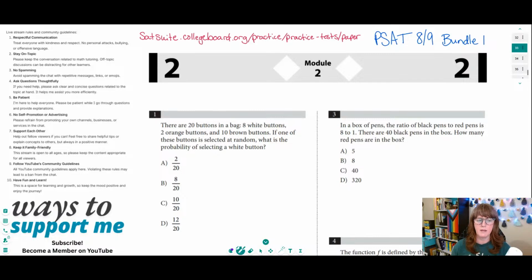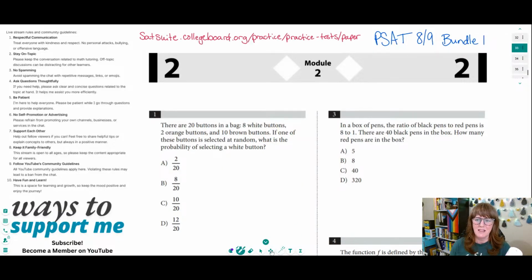Let's say you're working through a problem that has multiple steps to it. Whatever you get as the answer for one of those initial steps will almost always be on here as an answer choice. And it's by design. So I kind of hate that about standardized tests, but that's where we are.